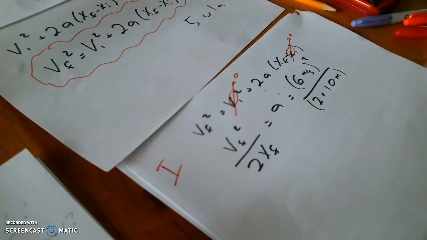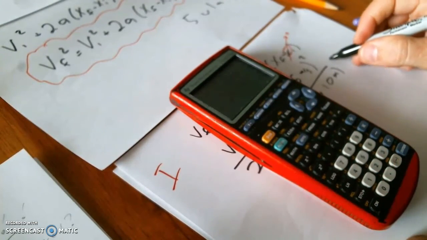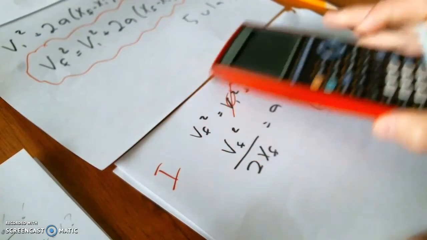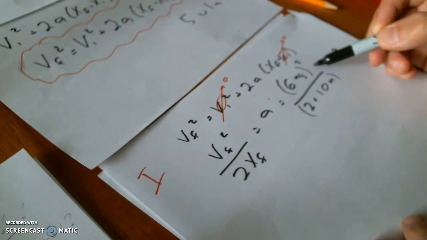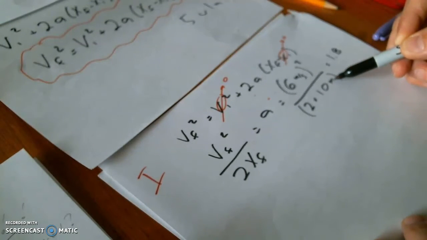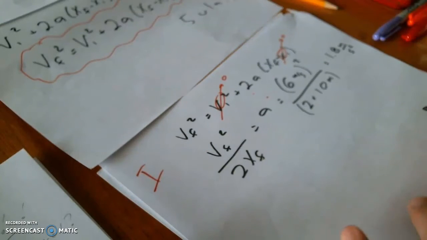So this obviously becomes 36 divided by 20, which you can do. 36 divided by 20, boom. This equals 1.8. And this is a meter squared per second squared divided by a meter. So that cancels that meter. So this is meters per second squared.